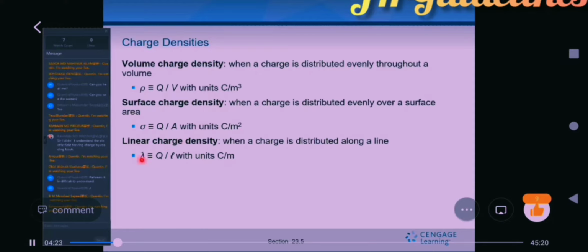Then this lambda is actually linear charge density. Basically, it's coulombs per unit length. How much charge per unit length? Okay, so that's what this lambda is.